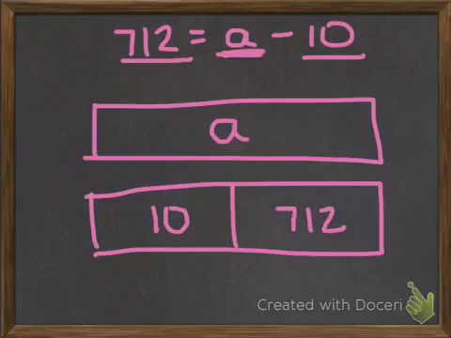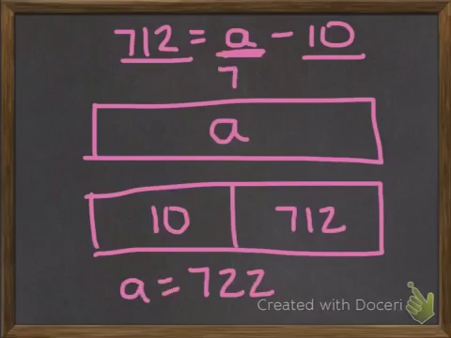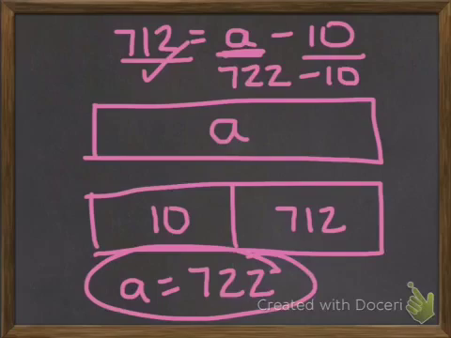To solve for the whole, or to solve for a, we simply need to add the parts because the whole is missing. 712 plus 10 is 722. So we know a equals 722. And when we think about 722 minus 10, we know that equals 712. So we are correct.